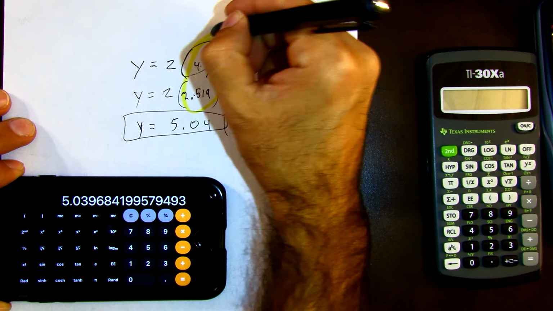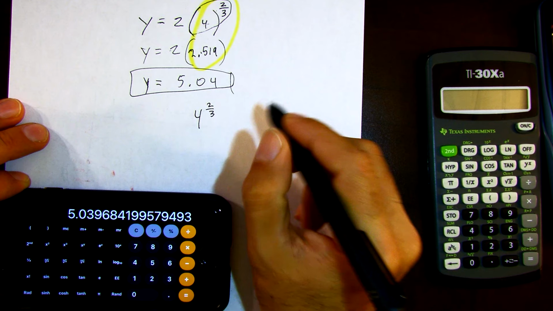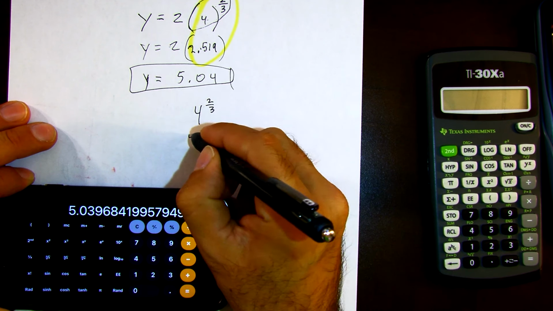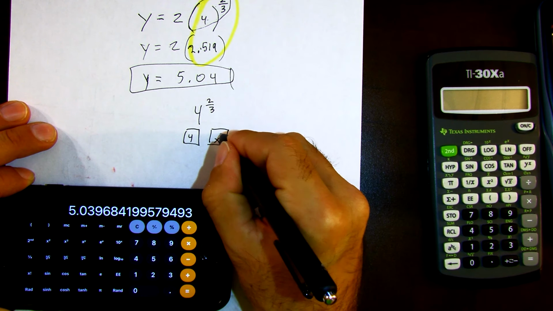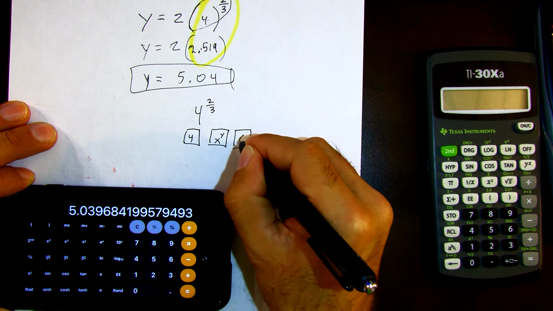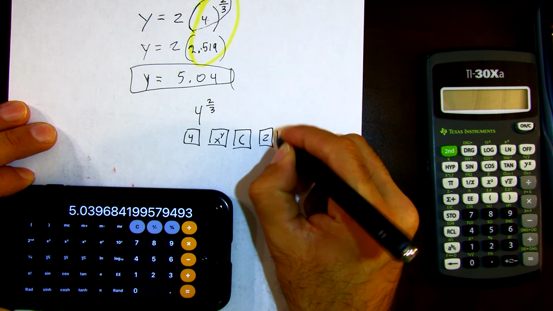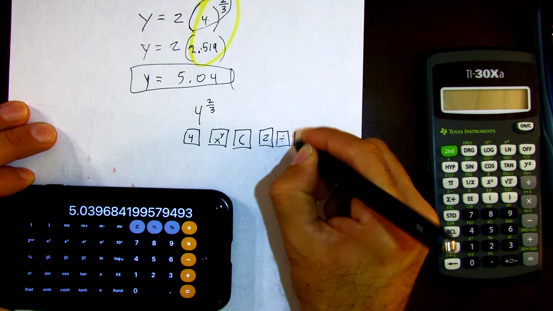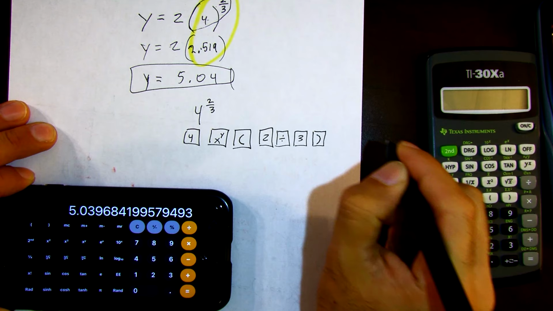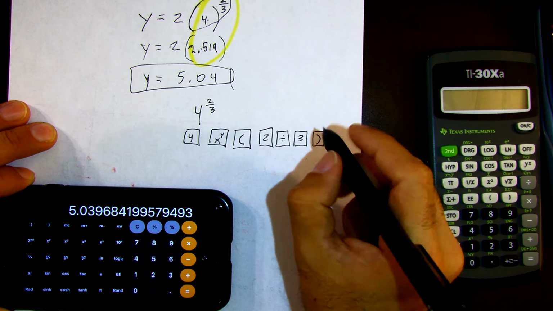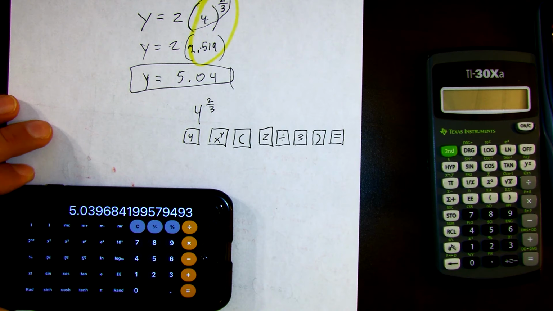For an iPhone, this part right here is going to be, you push 4, you push the x to the y, then our left parenthesis, 2 divided by 3, close parenthesis, and then equal. Okay, that's how I'd find out 4 to the 2/3.